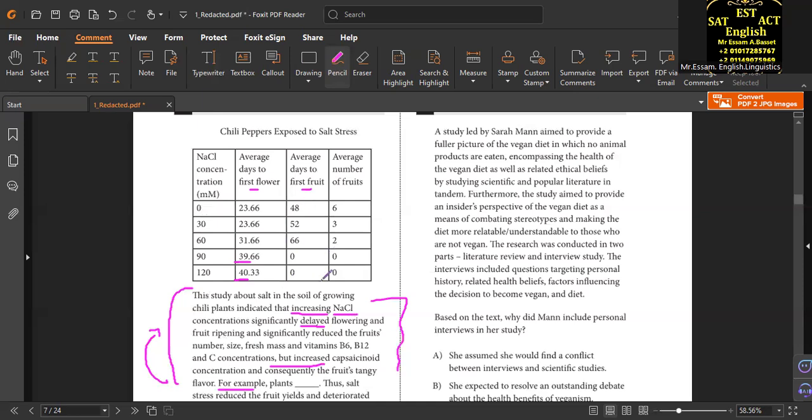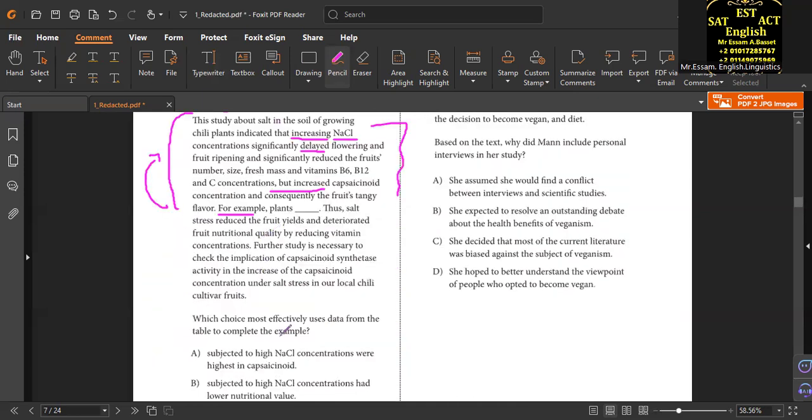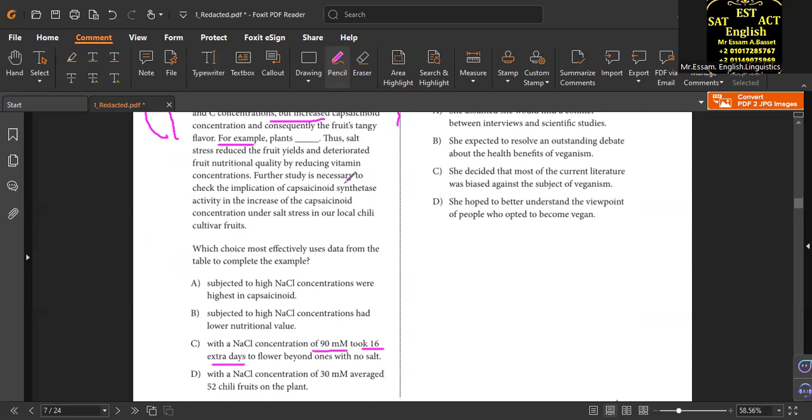So 0, 0, 0, 0, but here we have increased or not. Increased. Here we have increased or not. Increased. So it takes more or not. Yes. And it's related to the same previous one. Of course, it delayed. That's why letter C is the best.